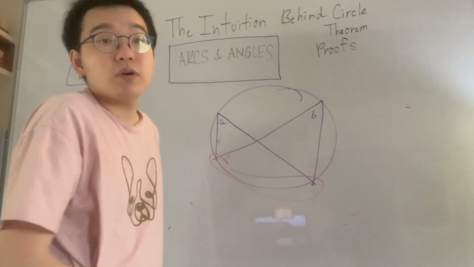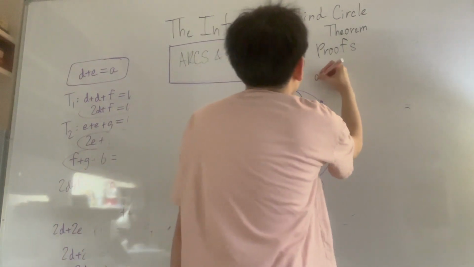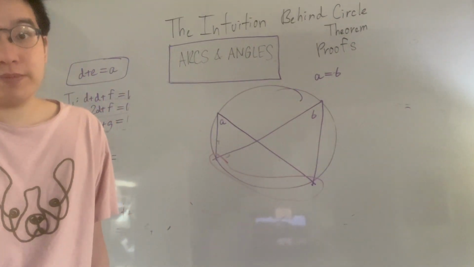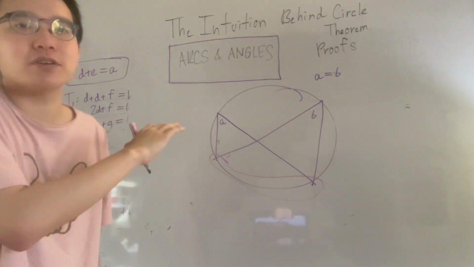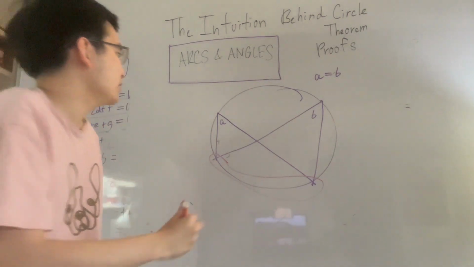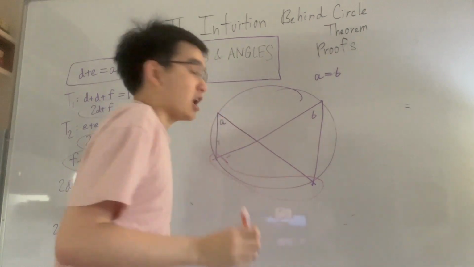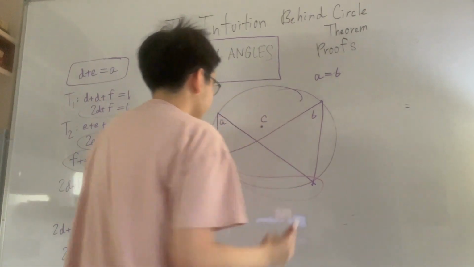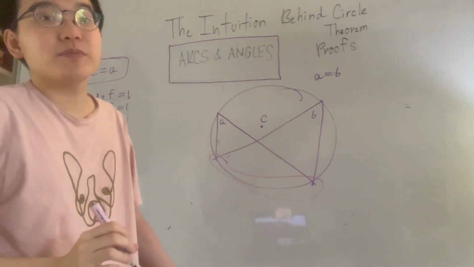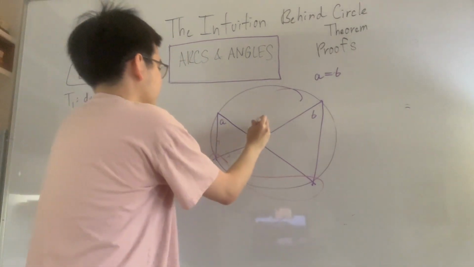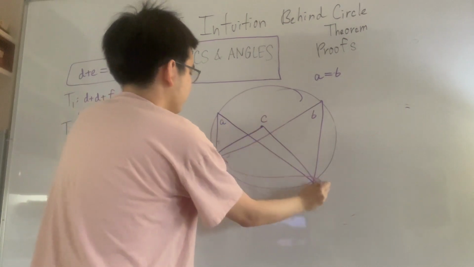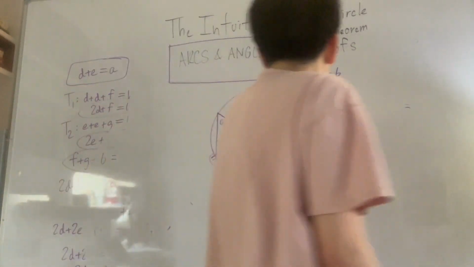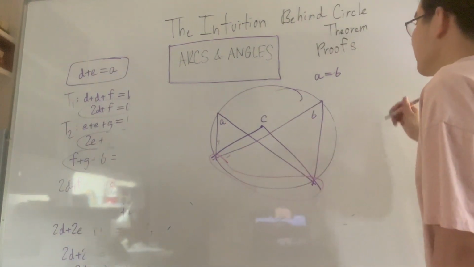These two angles will essentially be the same, A equals B. And we can use the same argument, the first theorem that we derived, by arbitrarily defining a center, C, and then drawing a central angle arc just from here that shares the same pink arc over here.